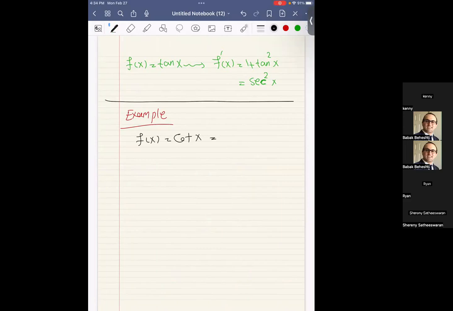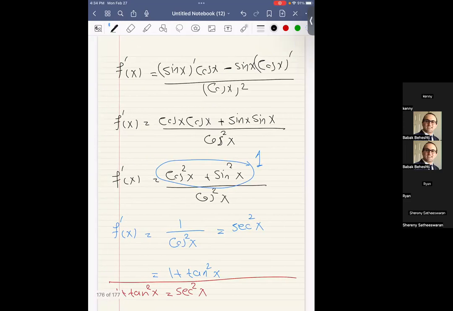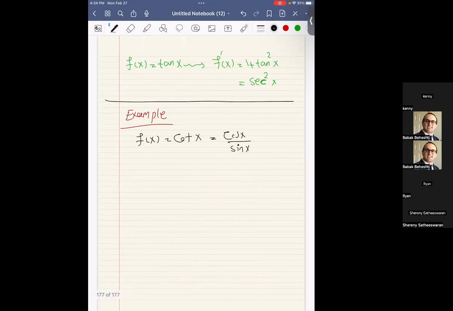Cotangent is the inverse of tangent, which is cos x over sine x. Tangent is sine x over cos x. Now, can you use the quotient rule, exactly the same logic as here, to compute the derivative of this guy? Please do it just now.